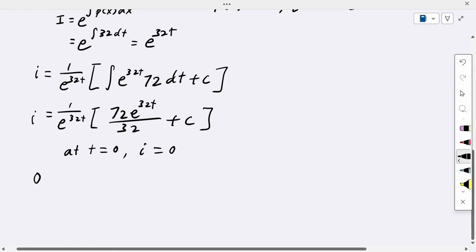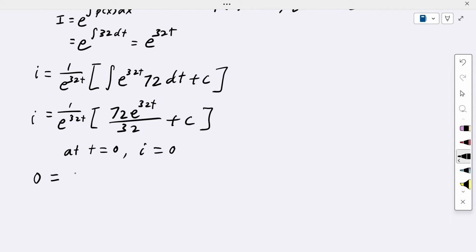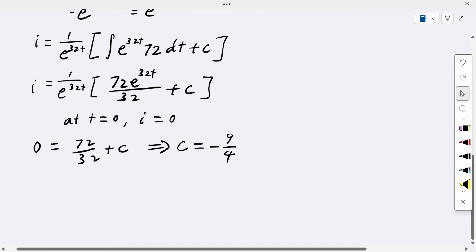In this, I equal to 0. So here we get 1 over exponential 0, which is 1, and then we have 72 divided by 32 plus c. So we get the c value, which is equal to minus 9 over 4. Now we have the c value, so we substitute back.